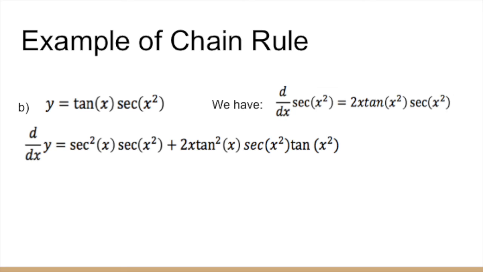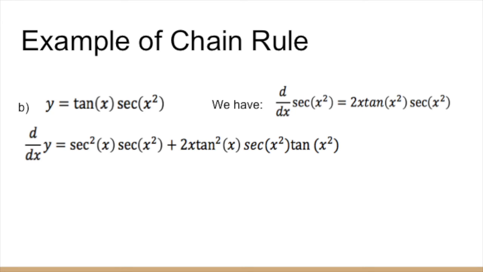Second example, y equals tangent of x times secant of x to the second power. To make it easier, we'll take a derivative of secant of x to the second power separately. So we have the derivative of x squared equals 2x, and the derivative of secant x equals tangent x secant x.